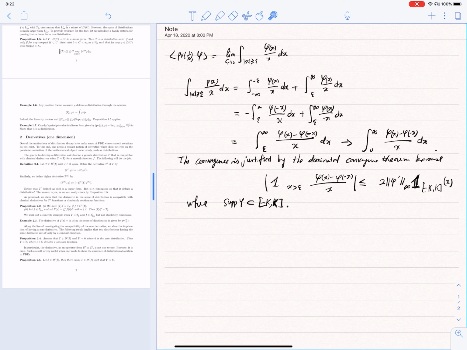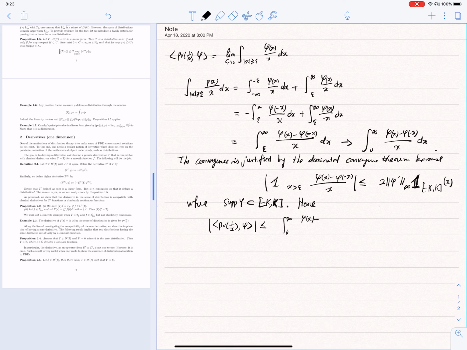Hence, the absolute value of PV 1 over x applied to phi is bounded from above by this quantity, first of all.